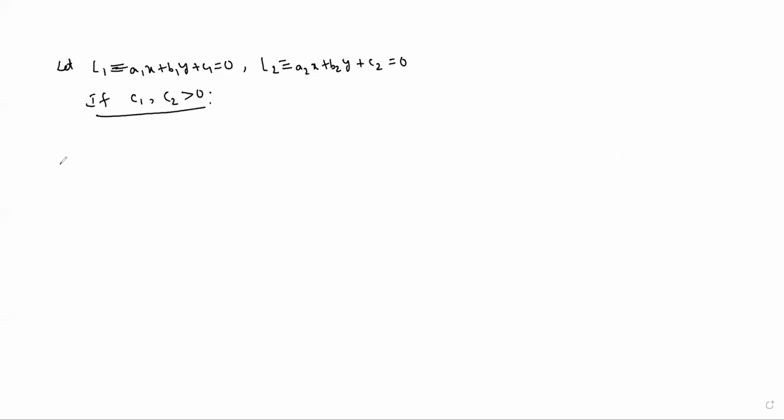Now, when you take acute, when you take obtuse, and which sign will come, we can identify. For example, here you first find the value a1a2 plus b1b2. If a1a2 plus b1b2 is positive, that is for the acute angle bisector, and the other one is the obtuse angle bisector.